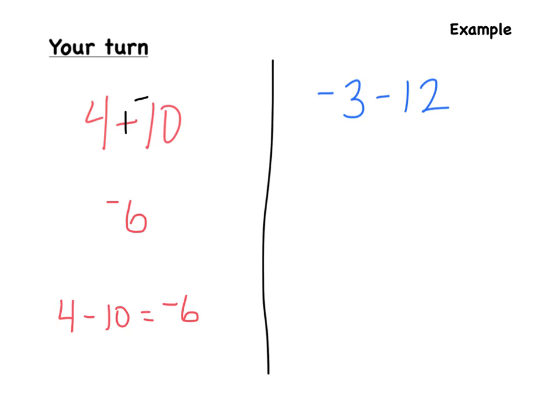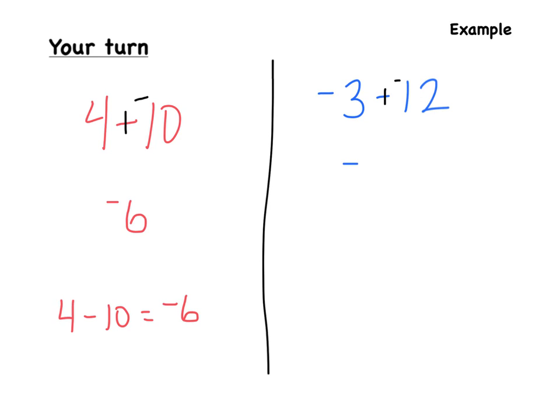Now the one on the right, we have negative 3 minus 12. Remember, always add the opposite. So now we are adding two negative numbers together. We know that our answer is going to be negative.